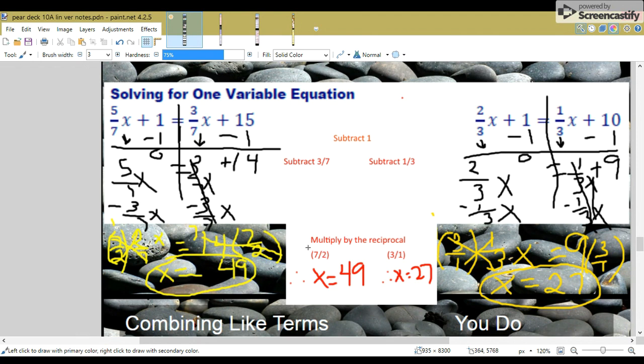The next step, we multiply by the reciprocal. In the first example, our reciprocal was 7/2. In the second example, our reciprocal was 3 over 1. And then our conclusion is, on the first example, x equals 49, and the second example, x equals 27.